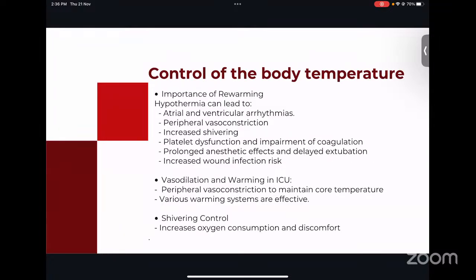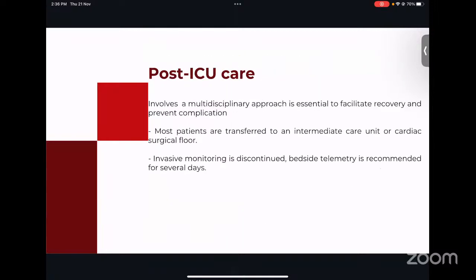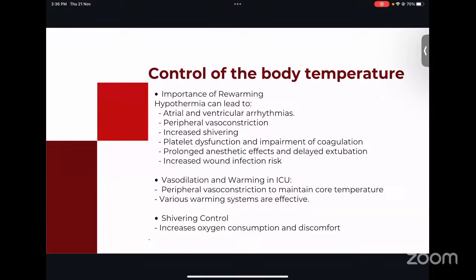Control of body temperature. Once the patient arrives at the ICU, the patient should be warmed from hypothermia to reach a body temperature of 37 Celsius. Why is the control of body temperature important?